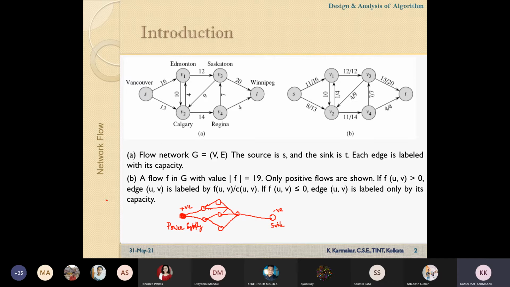Like if I consider this path, okay, through this path only few units of current will flow.